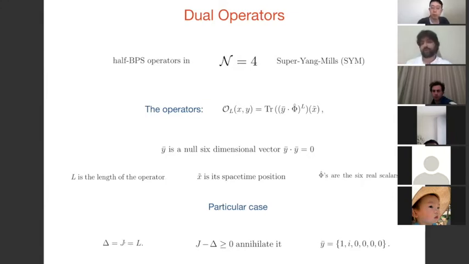You can think maybe of Z and Z bar, where Z has positive J charge and Z bar has negative J charge. So I select a particular polarization, they satisfy this condition, and they are annihilated by 24 SUSYs, or you say 16 S, special conformal transformations, plus 8 SUSY. These are the dual operators, and I'm going to construct vertex operators dual to these operators.